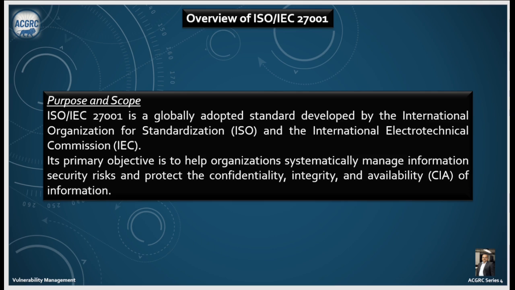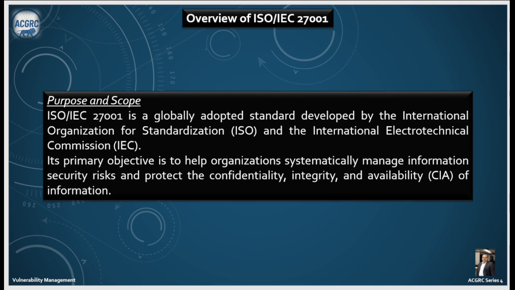In simple terms, it's about keeping confidential data private, making sure information is accurate and trustworthy, and ensuring systems and services are available when needed. To achieve this, the standard provides a structured system called the Information Security Management System, or ISMS.